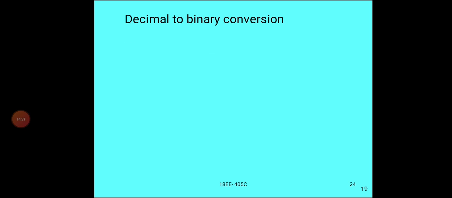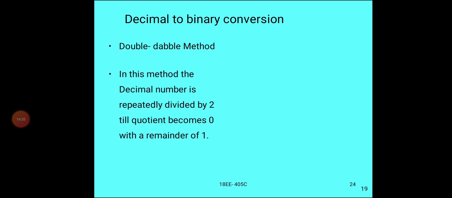Decimal to binary conversion, double-dabble method. In this method, the decimal number is repeatedly divided by 2 till the quotient becomes 0 with a remainder of 1.